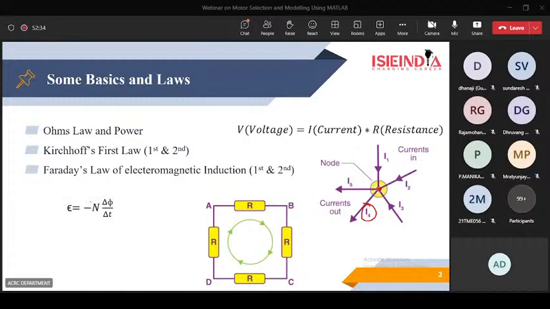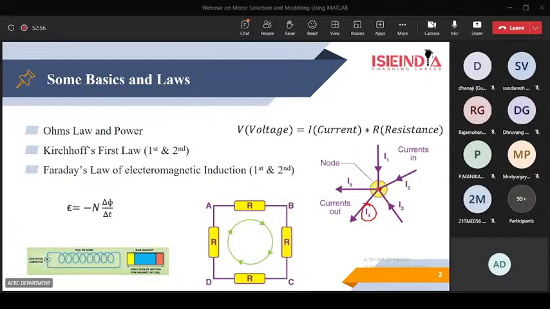Then Faraday's law of electromagnetic induction. The motor works on this principle. We can see here a coil having n number of turns.